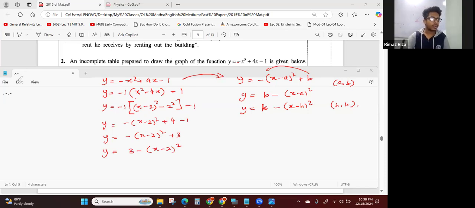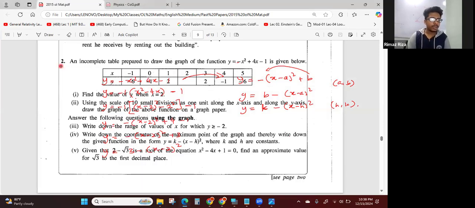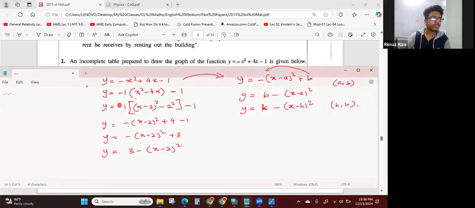Okay, coming to this question, what they are saying: write down the coordinates of the maximum point of the graph and thereby write down the given function in terms of, okay. Since here the coefficient of x squared is minus, it has a maximum.